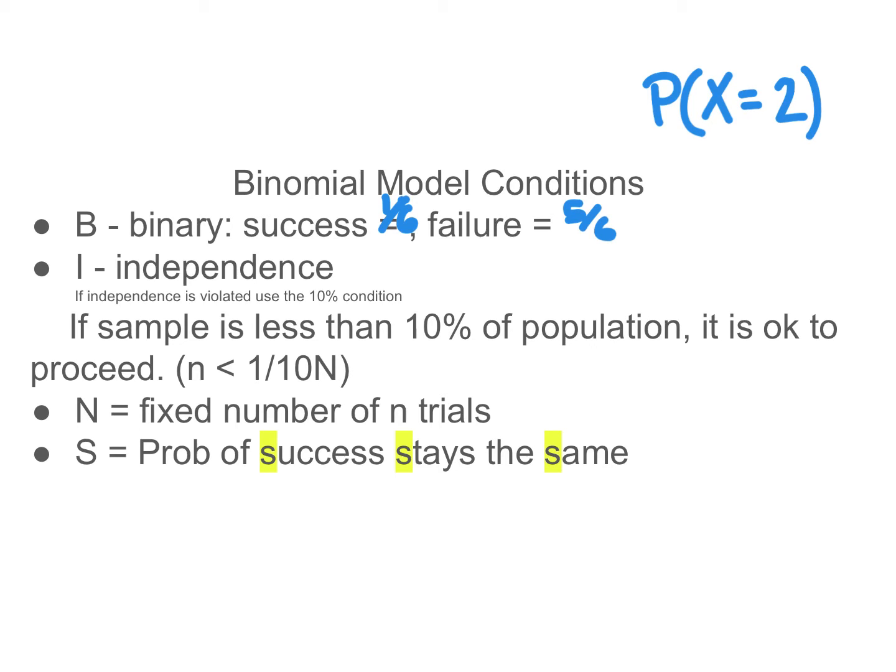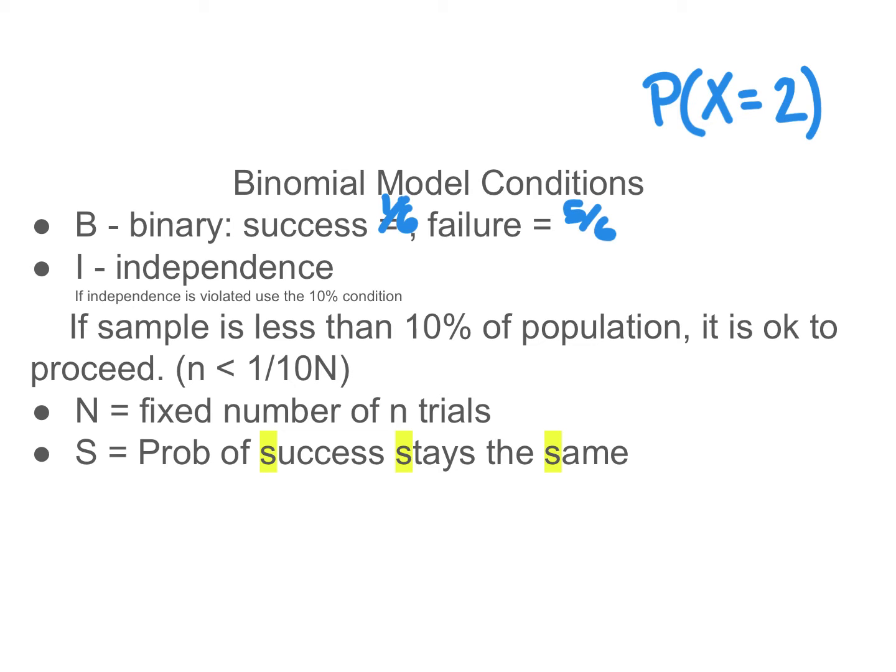If independence is violated, which sometimes occurs in real life scenarios where you're sampling without replacement, like maybe you're sampling things off an assembly line, so you start pulling off a Skittle to taste it or whatever. If you're pulling things off the assembly line, you've altered the sample space, so now the probability that the next one you choose is red would be altered.